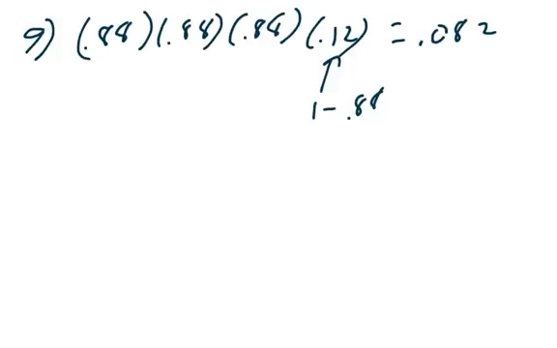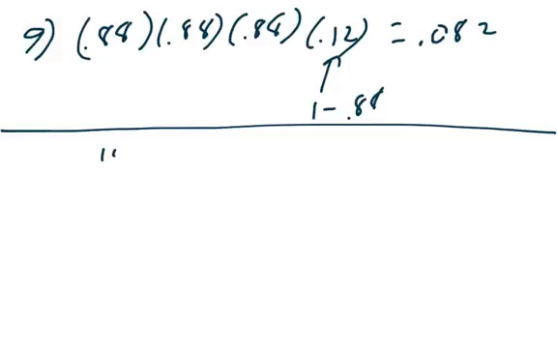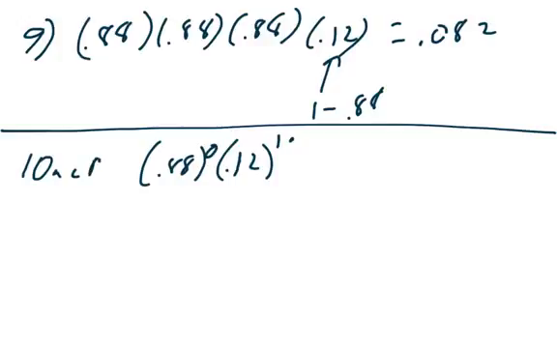In part B, what is the probability that he scores fewer than 6 on his next 10? Well, we would do 10 choose 0, 0.88 to the 0, 0.12 to the 10th. This should be 10 nCr 0.